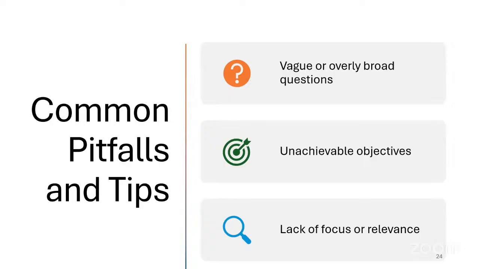So over the last 45 minutes, I've tried to briefly tell us what research questions are. I've defined for us what a research question is. I've given us some of the characteristics of a good research question and why we need a good research question. And I've also discussed how we can formulate research questions.